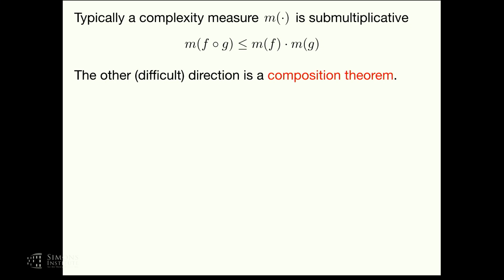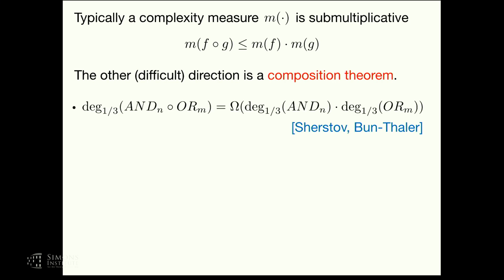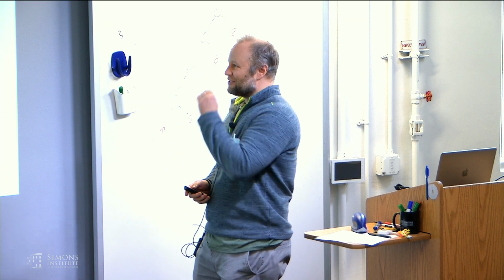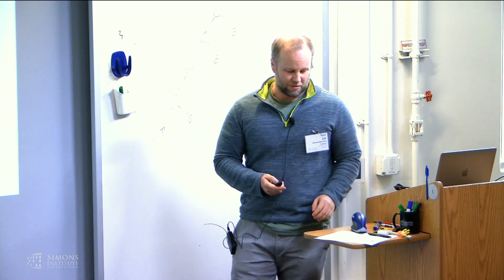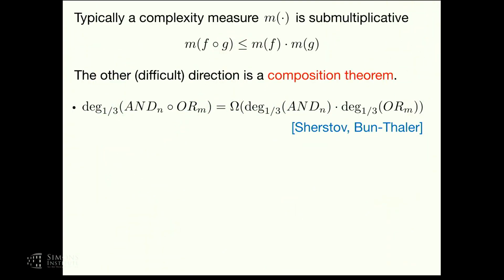There are many composition theorems that have been proven. I decided to just select a few from people who I thought would be in the audience. For example, approximate polynomial degree is a nice example because it shows that even for specific f and g, so here if you just want to know what is the approximate polynomial degree of AND composed with OR, this can already be a very difficult question.